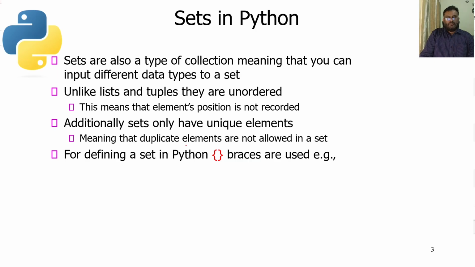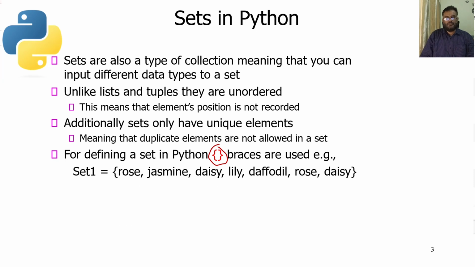For defining a set in Python, we make use of curly braces. For example, if I want to declare a set with these elements, like Rose, Jasmine, I have put inverted commas here because I'm storing these as strings.